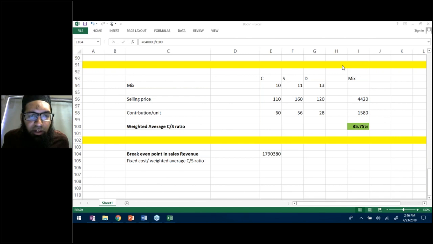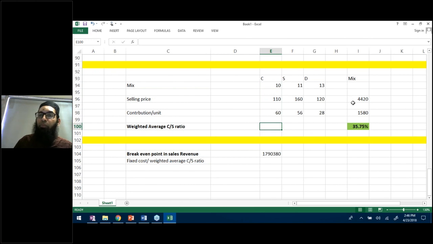One of the students has asked, what is the logic behind calculating the mix? The problem in the multiple products break-even point is that we have a common fixed cost of 3 different products. And the concept of making a mix is to make all the 3 products into one single product.